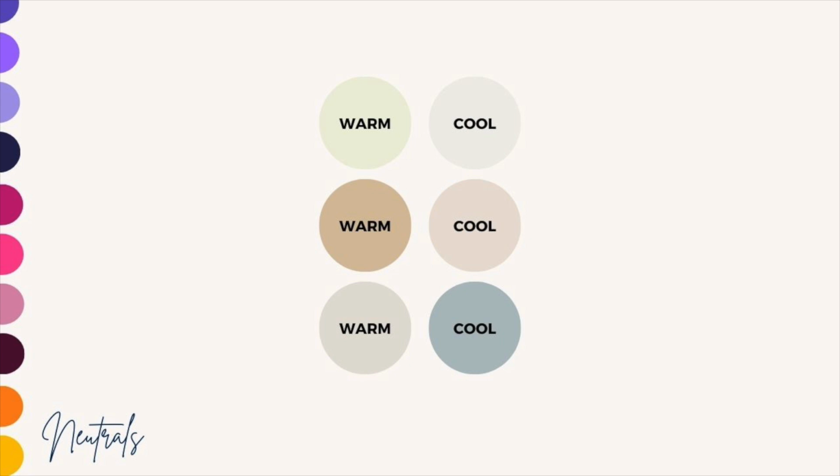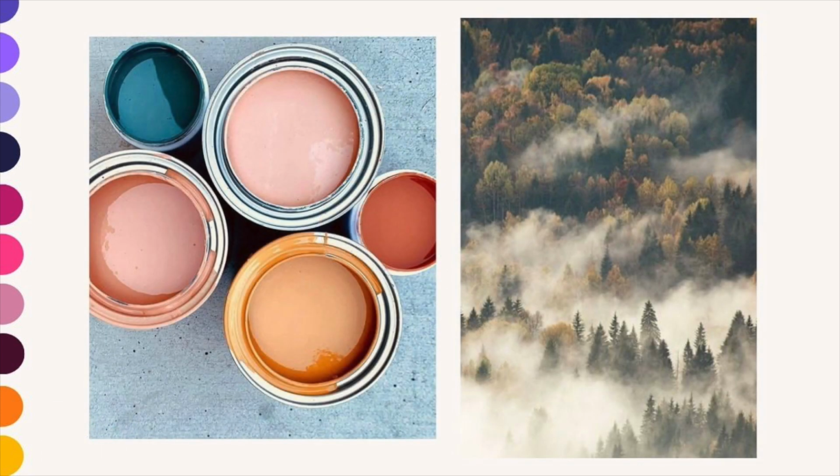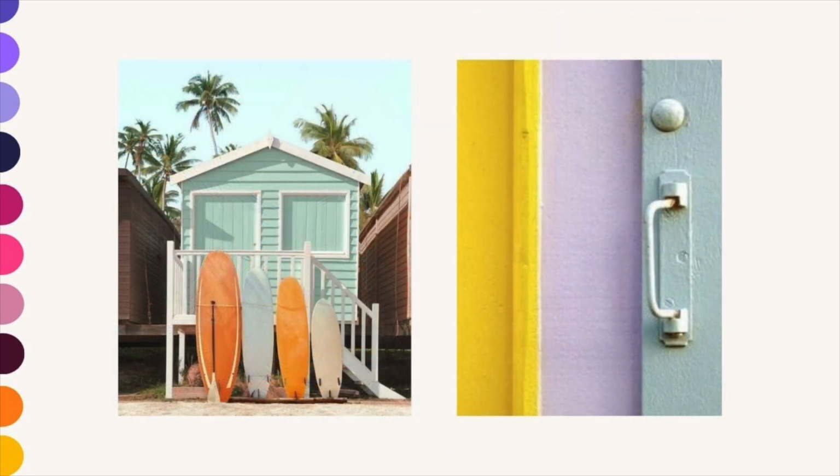They give a warm, welcoming sense, whereas cool greys can often feel really stark and cold, and they don't give your pages quite as much life as a warm grey would. Here are some examples of images that use colour and neutrals together.